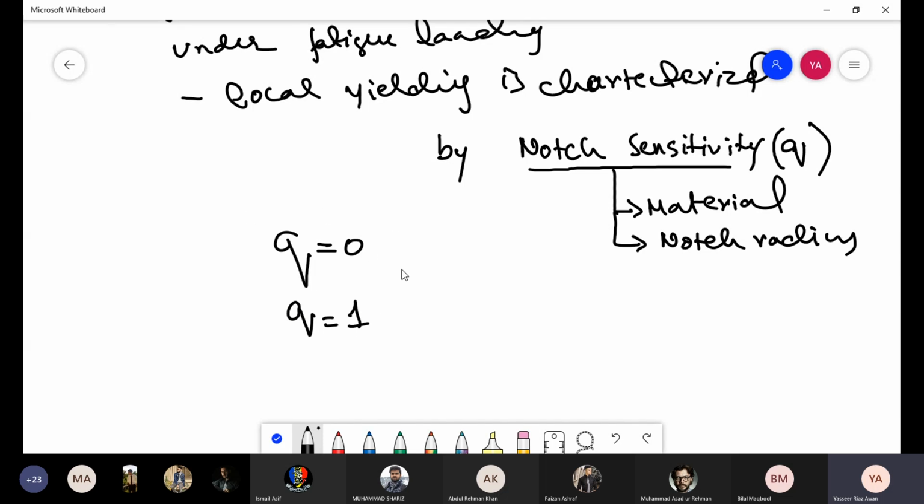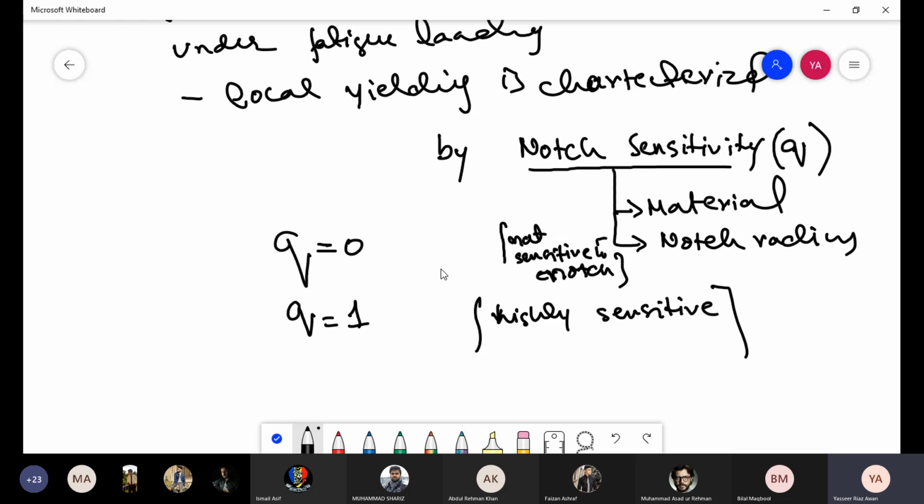If q is 0, that means your particular material and notch radius is not sensitive to notch, while q equal to 1 means highly sensitive. So obviously we want to reduce the notch sensitivity.